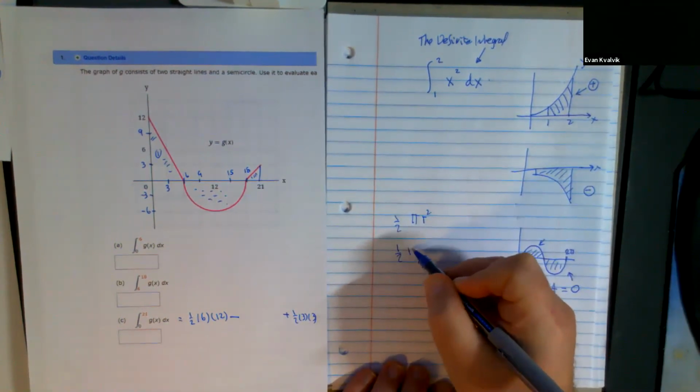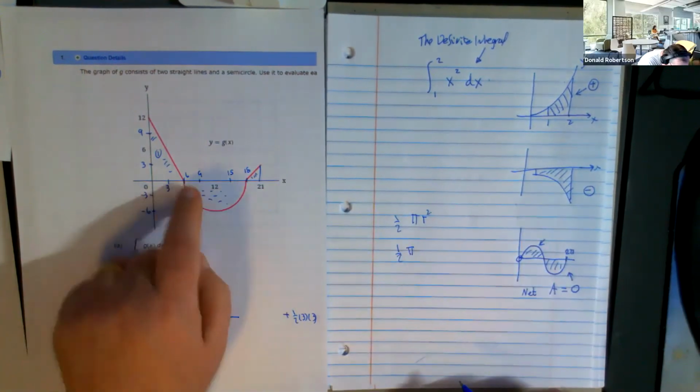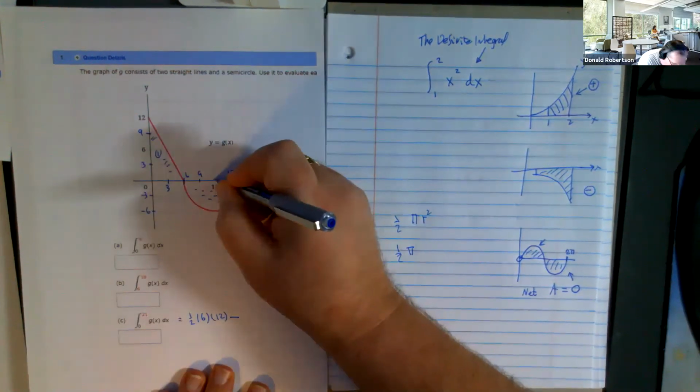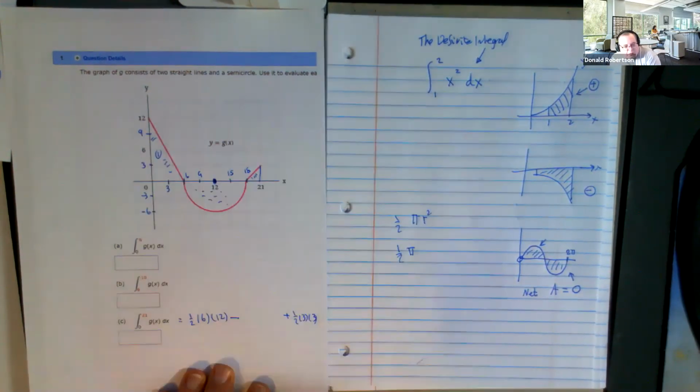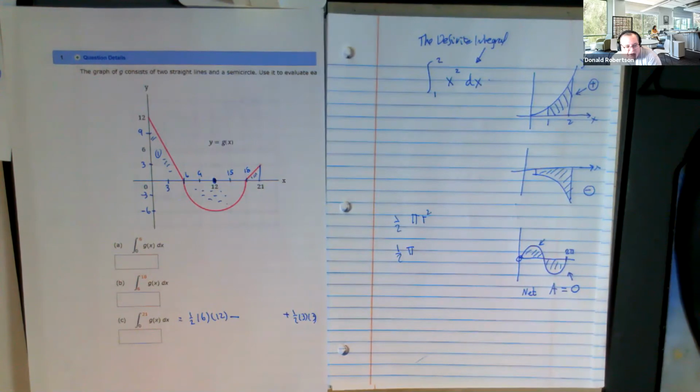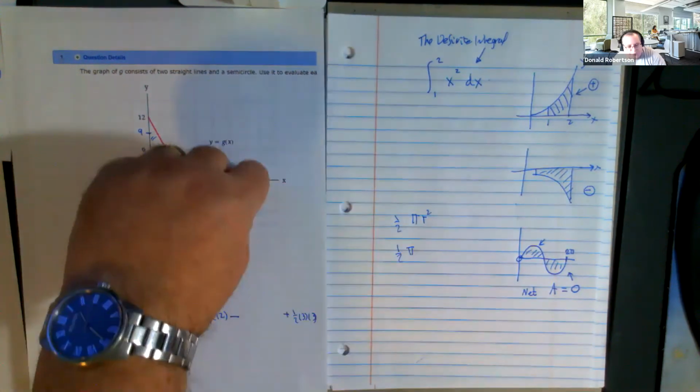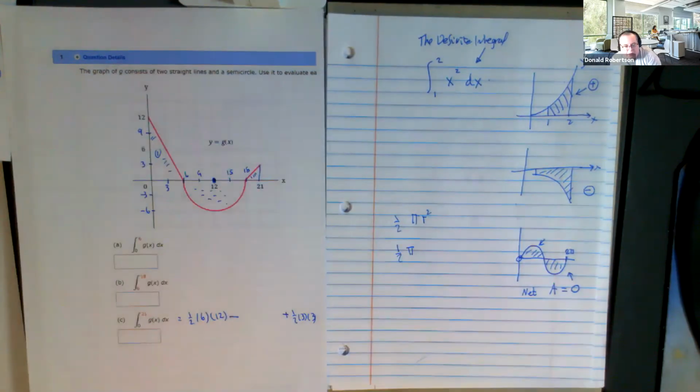Pi r squared over 2. A half of pi times, oh, there's a good question. There's a little dot to help you. What's the radius of this circle? If it was a complete circle, what would its radius be? 6.